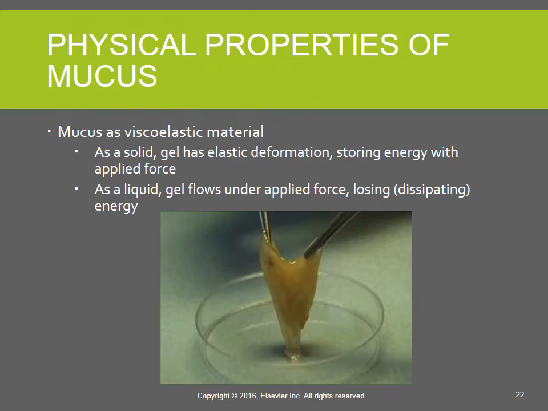And as a liquid, a gel flows under applied force. As the tips of the cilia contact the gel during the forward power stroke, the gel is stretched, and its elastic recovery causes it to snap forward. At the same time, the mucus gel flows forward as a liquid under the forward beat of the cilia.